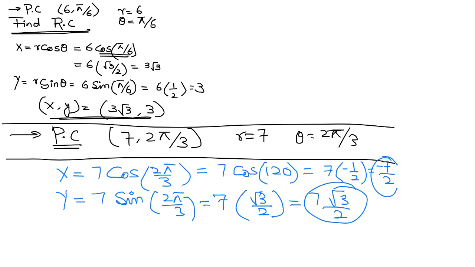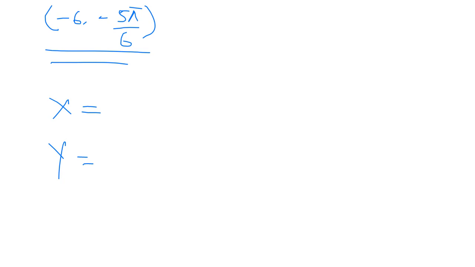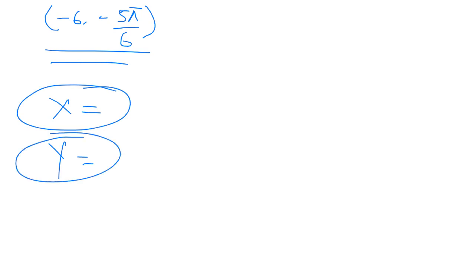I give another one and you have to solve and tell me in a quick way. The polar coordinates are given minus 6 and minus 5 pi by 6. Tell me, you have 5 minutes to solve and tell me the answer.